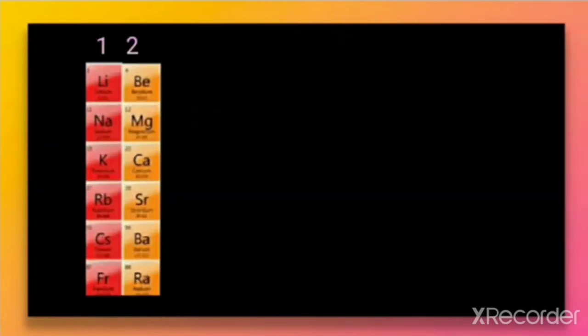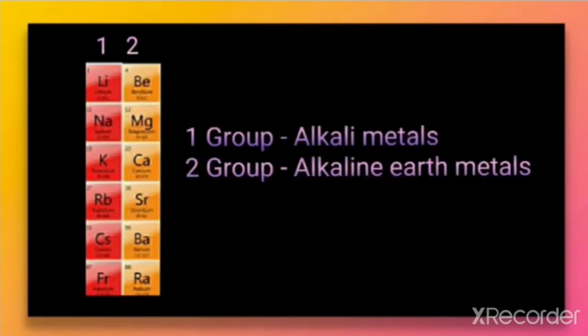As the s orbital can accommodate only 2 electrons, only 2 groups belong to the s-block of the periodic table. That is group 1, which is called alkali metals, and group 2, called alkaline earth metals. In group 1, the elements are lithium, sodium, potassium, rubidium, cesium and francium.